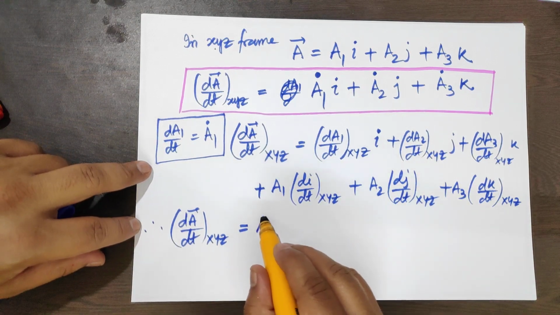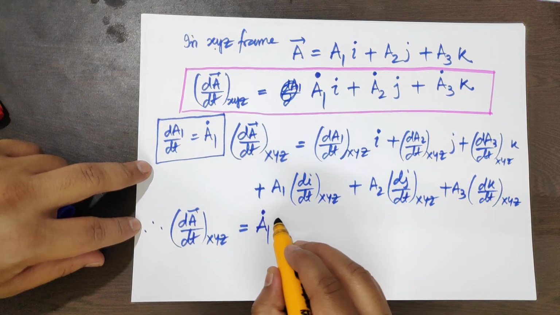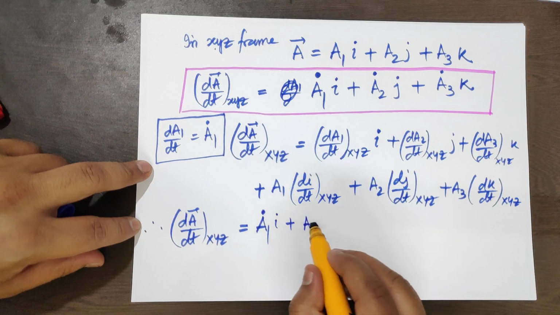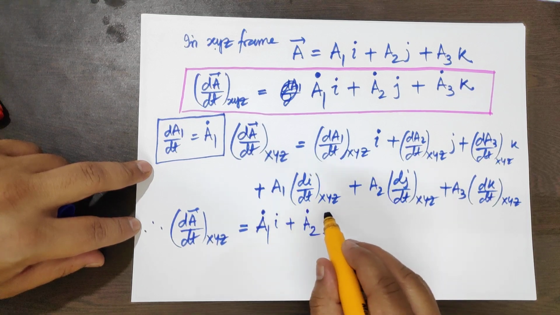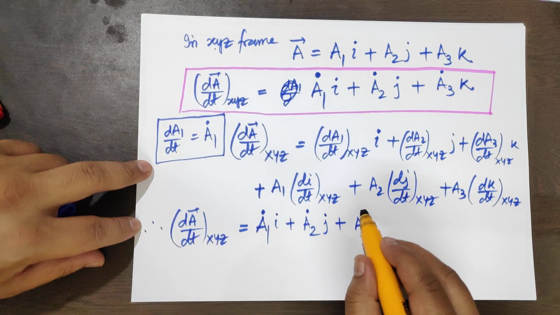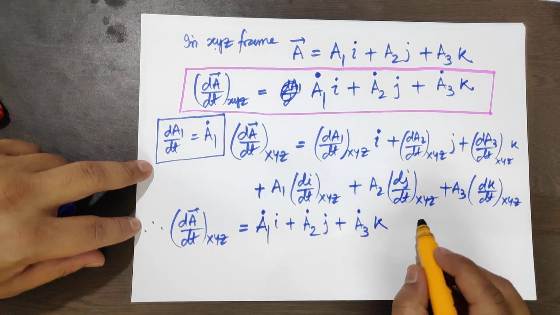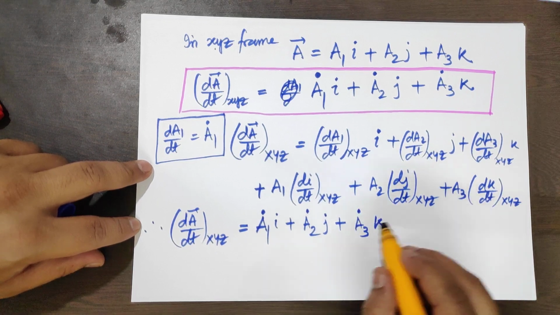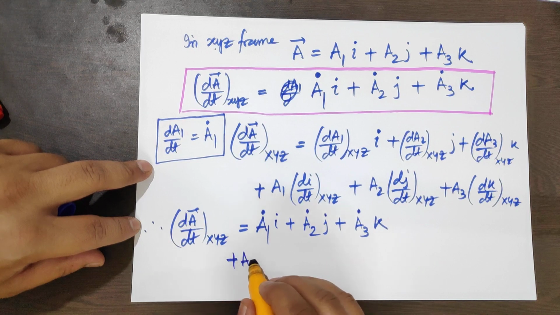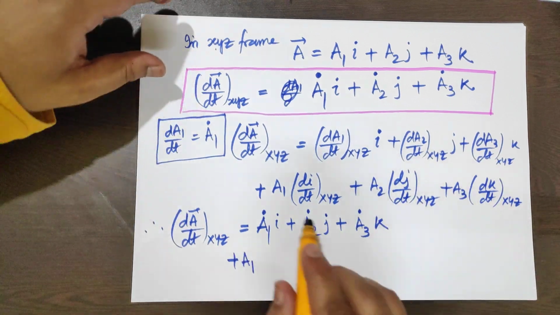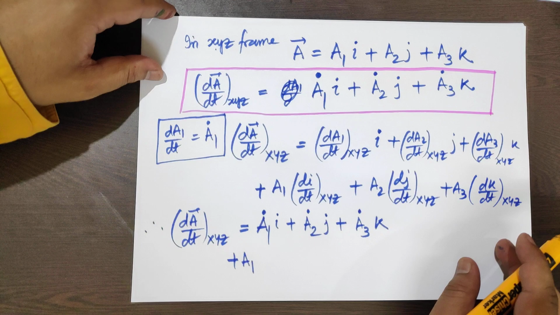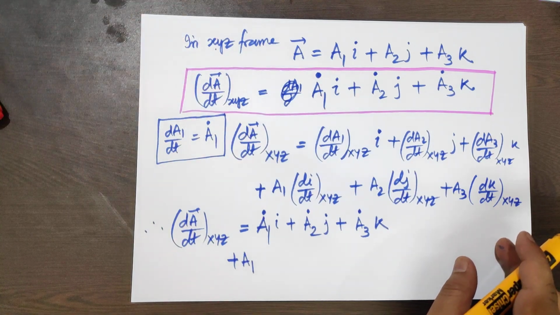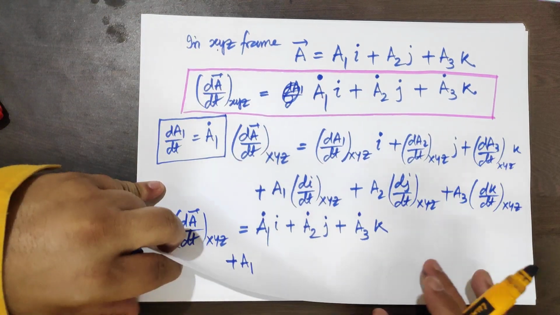So here I can write a1 dot into i plus a2 dot into j plus a3 dot into k, plus, this is the real thing, di/dt with respect to capital XYZ.